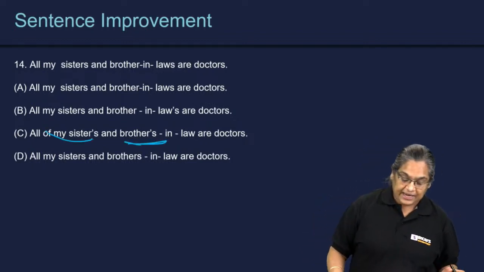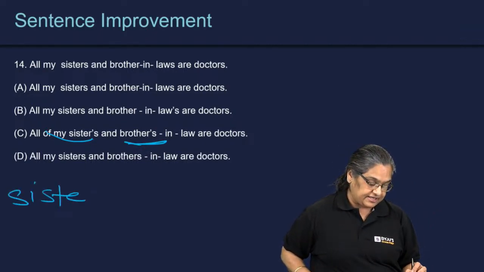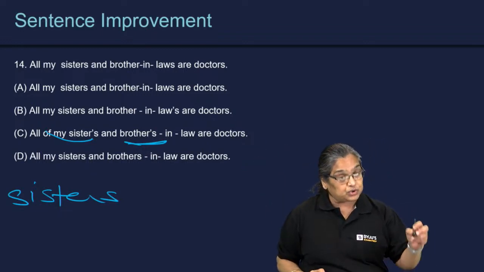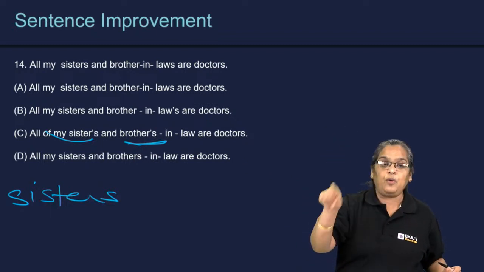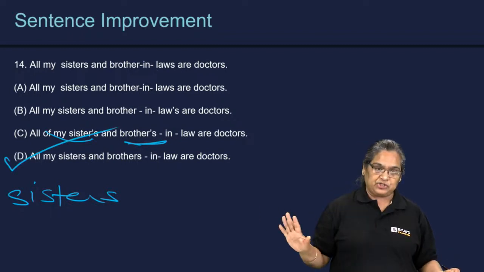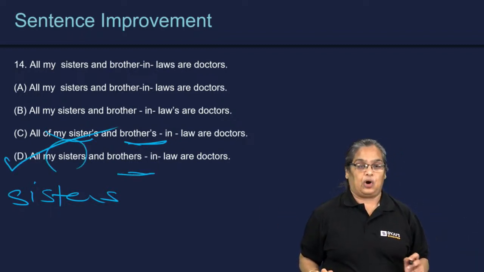You understood? I have 2 sisters, S-I-S-T-E-R-S. No apostrophe. This is my sister's house, only then, mere bahan ka ghar hai. When you want to say that, then only you put the apostrophe. Understood? So here, no apostrophe. Sisters, plural, brothers-in-law.